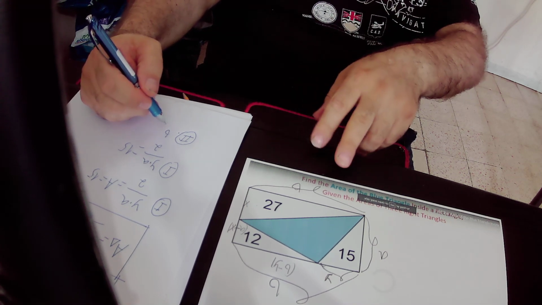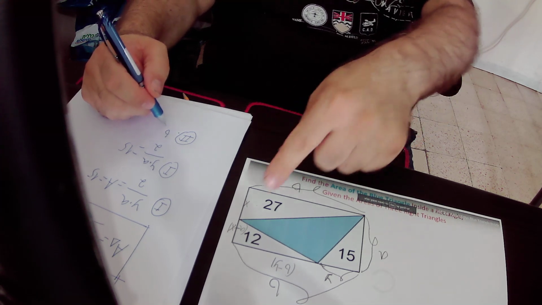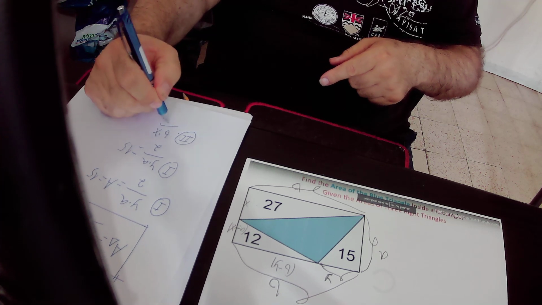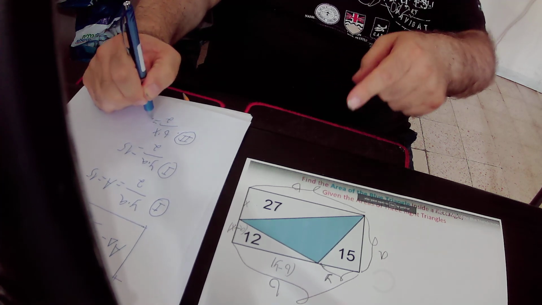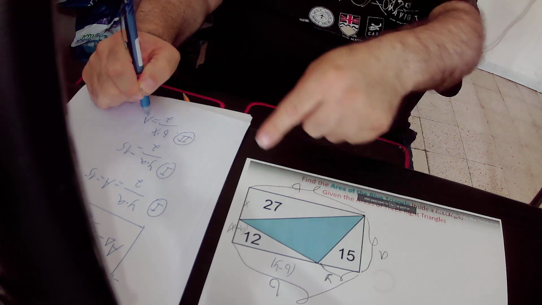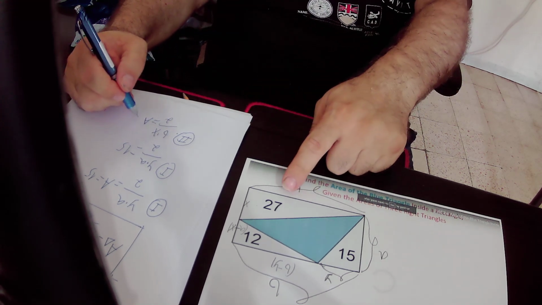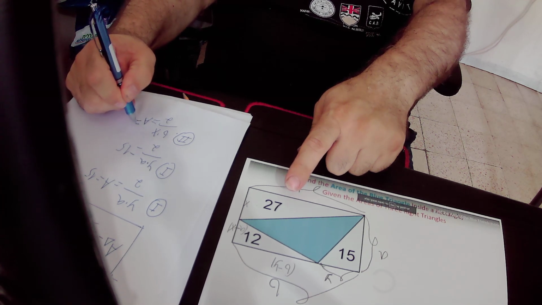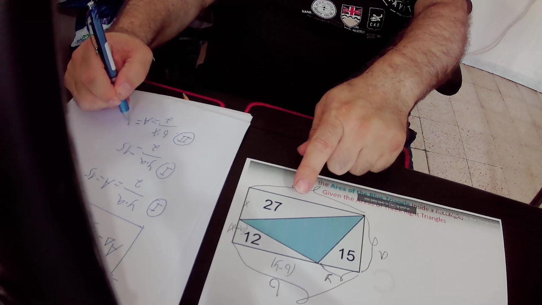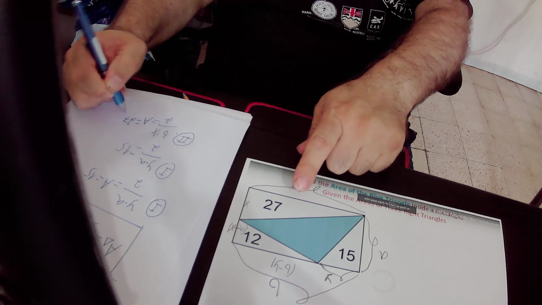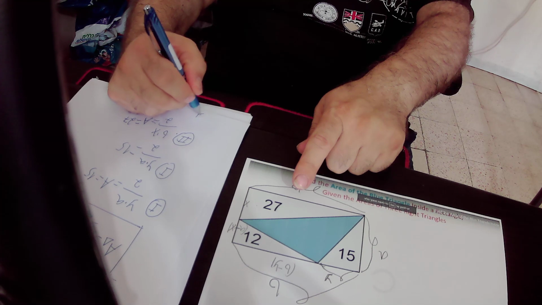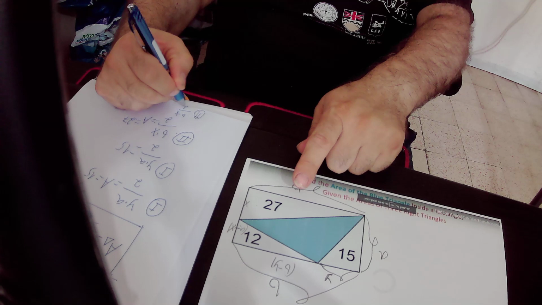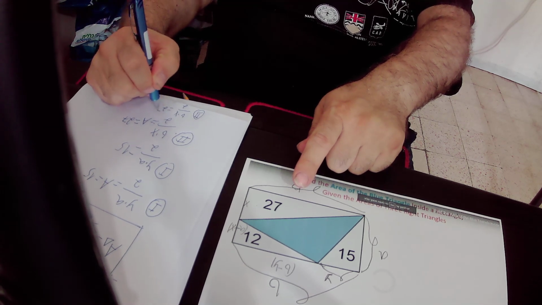So it is the base B times the height of the triangle, that is x, divided by 2 equals the area of this triangle. But we already know that the area is 27 units. We will rewrite this equation: B times x divided by 2 equals 27.